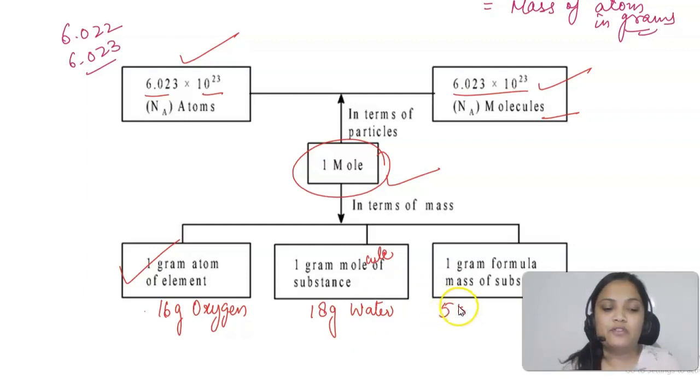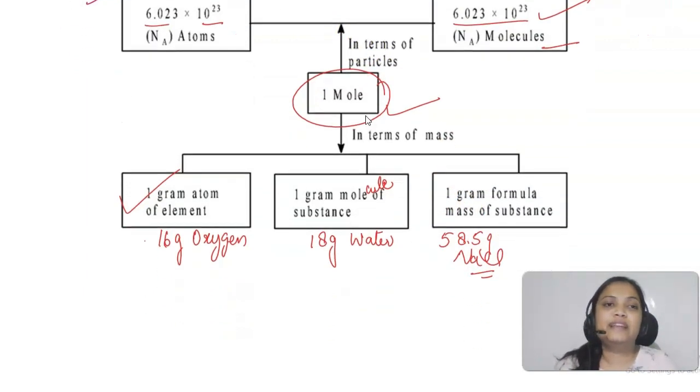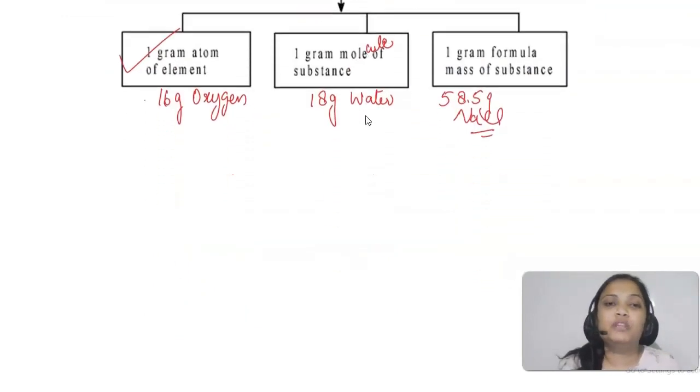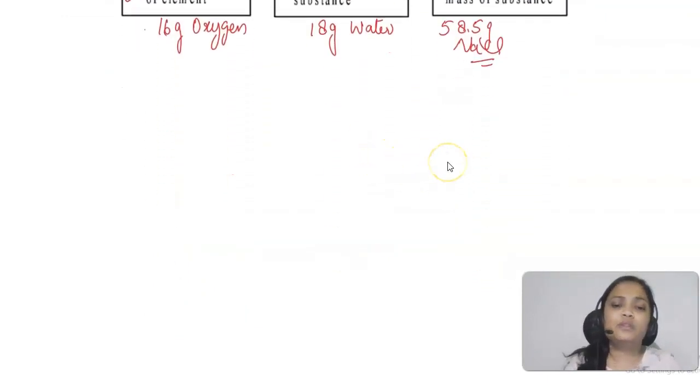So it will be around 58.5 grams of sodium chloride. So that is 1 mole of sodium chloride. Okay. So this is the chart that will help you to find out the meaning of 1 mole. Alright. Now I just need to tell you how we are going to do the questions. So the questions come in this way. First of all, you have to calculate the number of moles.